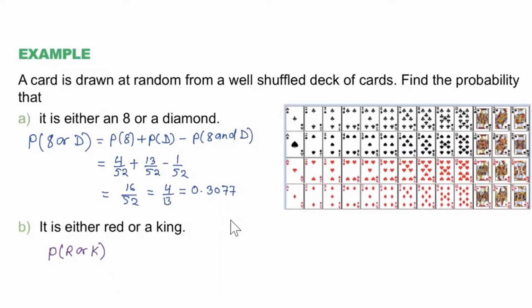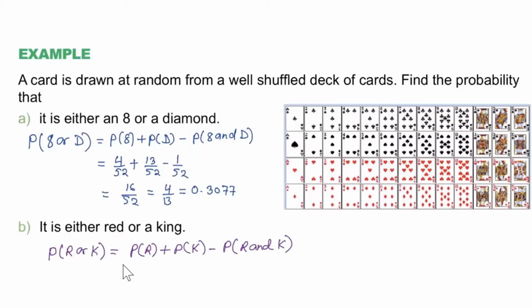And then if you think the other way around, suppose in your hand you have a king. Do you think that that king can be red in color? Yes. That means these two events can occur at the same time. So these are not disjoint, these are joint or non-mutually exclusive. So the formula will be probability of R plus probability of K minus probability of R and K.